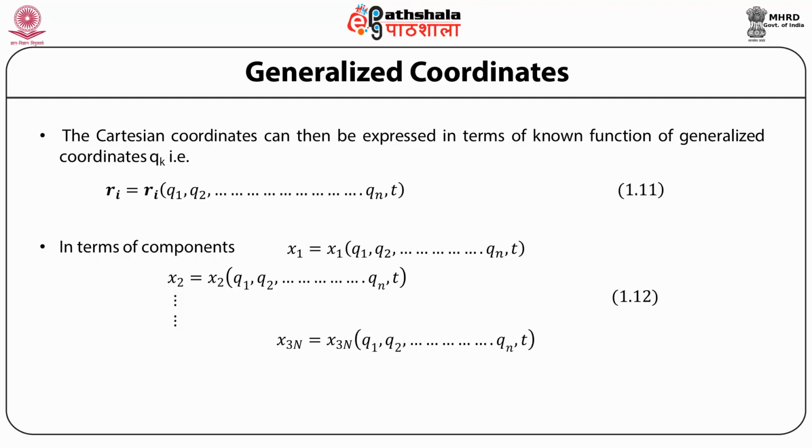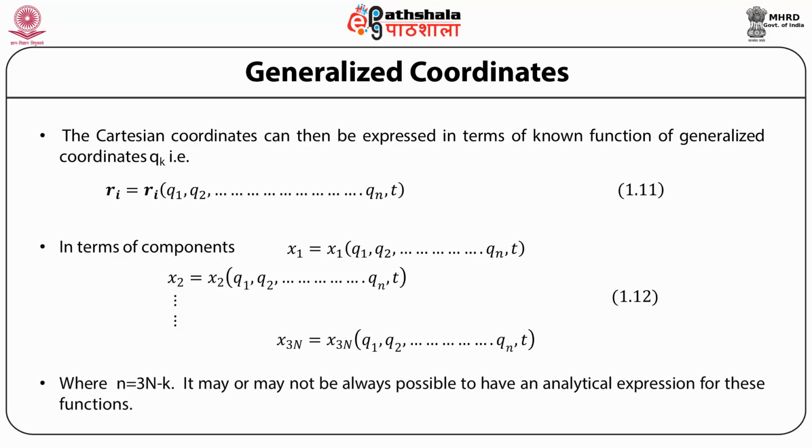So in terms of components, it means that each component required to fix the position coordinate of the system of particles can be expressed in terms of known functions of generalized coordinates q1, q2, etc. That means x1 can be written as some function of q1, q2, qn and t, x2 as some other function x2 of q1, q2, qn, and since for a system of n particles there are 3n components required, x3n can be written as some other function x3n of the same generalized coordinates q1, q2, qn and t, where obviously the number of degrees of freedom n is equal to 3n minus k.